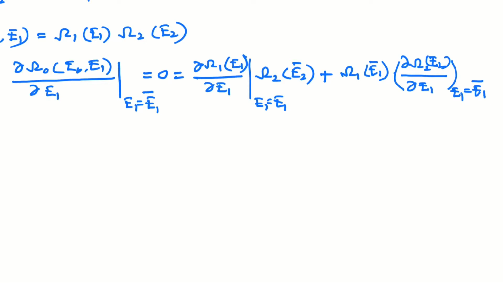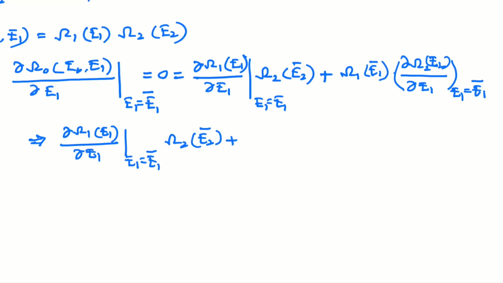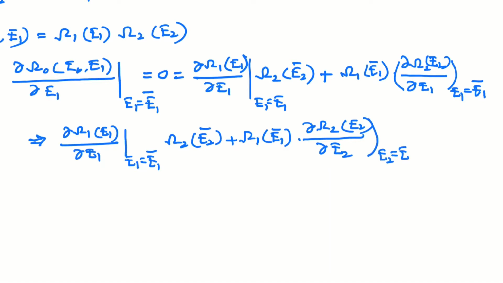Now that can be written as dou omega 1 of E1 by dou E1 at E1 equal to E1 bar into omega 2 at E2 bar, plus omega 1 at E1 bar into dou omega 2 of E2 by dou E2 at E2 equal to E2 bar into dou E2 by dou E1, equal to 0.